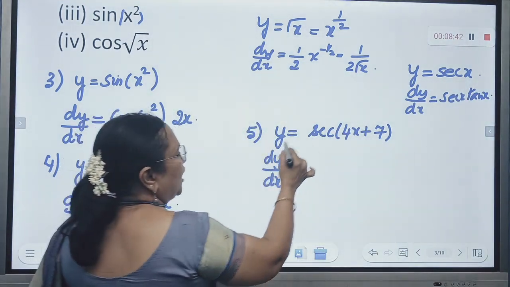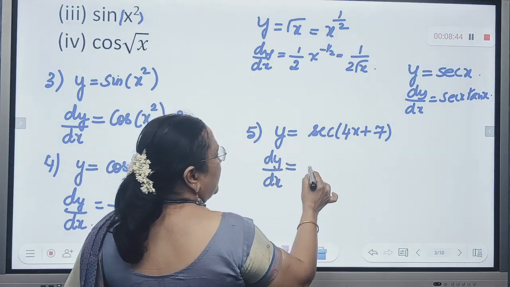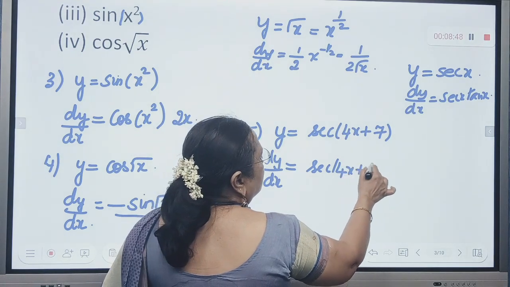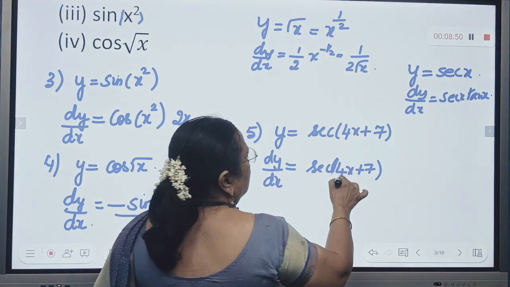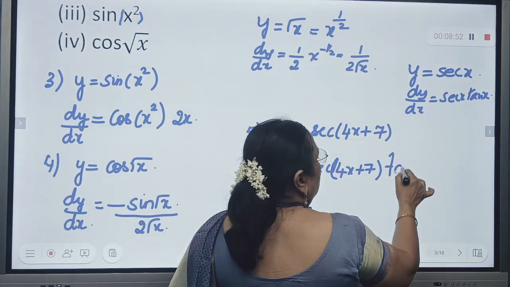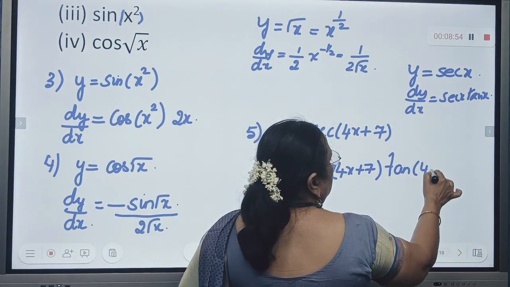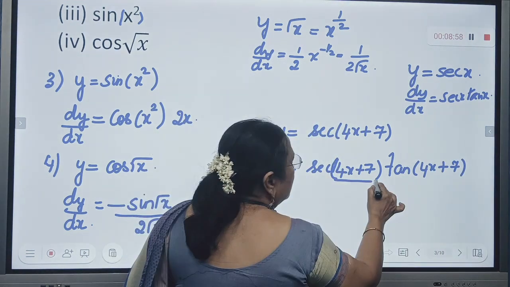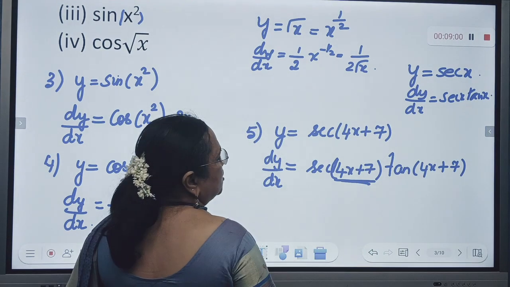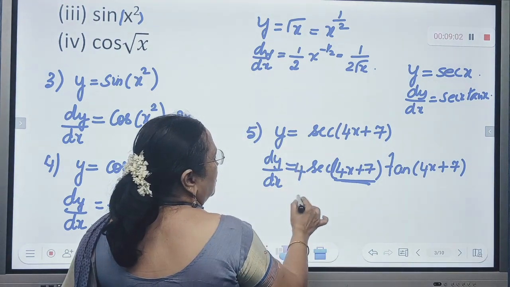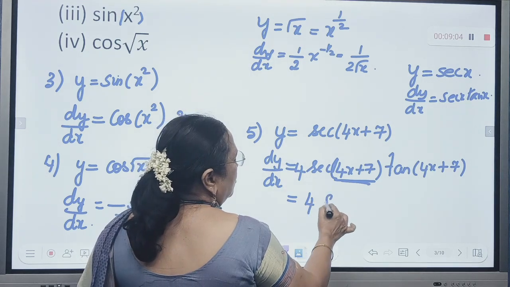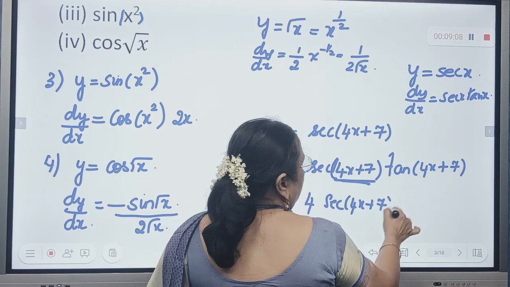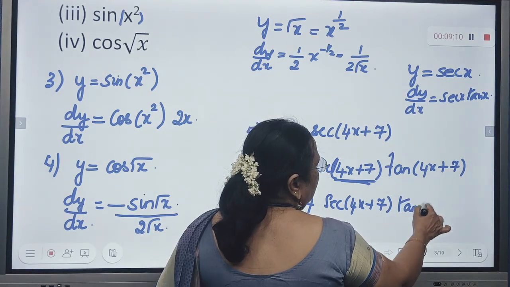So if y is secant of 4x plus 7, dy by dx will be secant of 4x plus 7 into tan of 4x plus 7 into the derivative of 4x plus 7, which is 4. So it is 4 into secant of 4x plus 7 into tan of 4x plus 7.